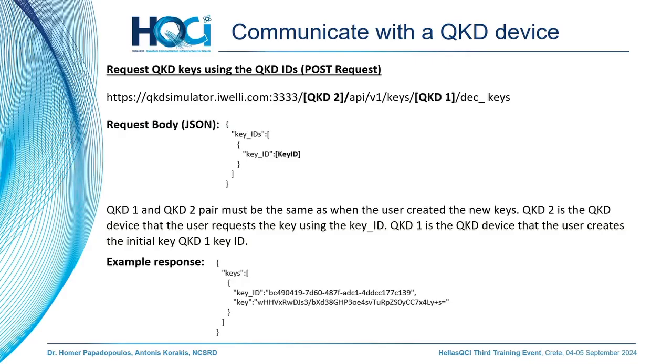And the command includes the ID. So the second encryptor sends to the QKD a command saying I want the second key, and the response is this. That's how the two encryptors got the same key.